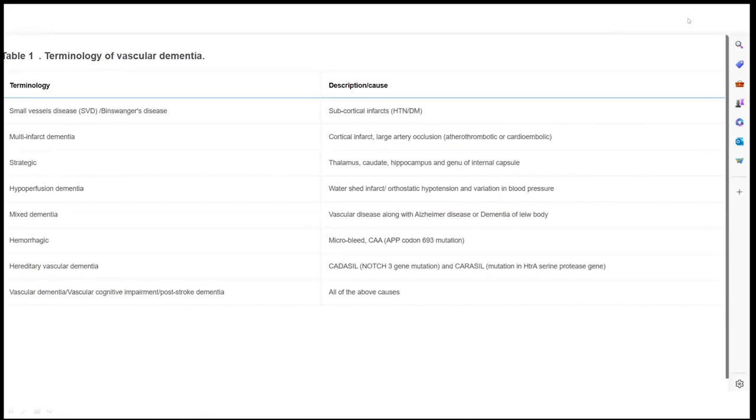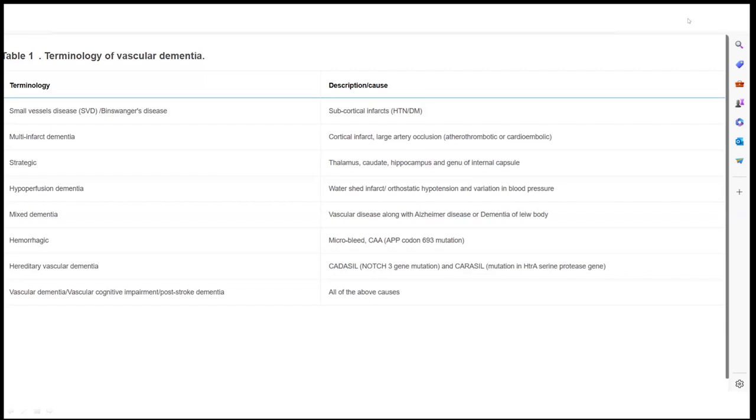So being labeled as vascular dementia or dementia of vascular origin, as you can imagine, can cover a wide range of areas in the brain affected. So it can be small vessel disease of subcortical variation.